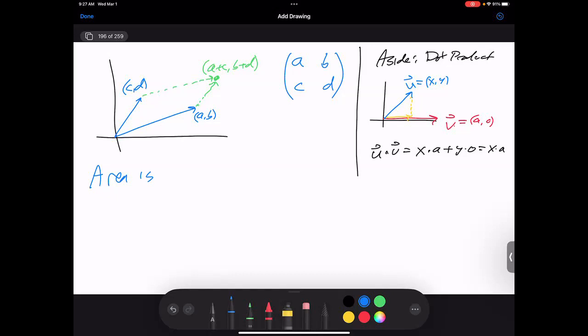If it's a rectangle, you can multiply the two sides. Okay, so I need the height. If I can calculate the height, and this is the base, the area is base times height.